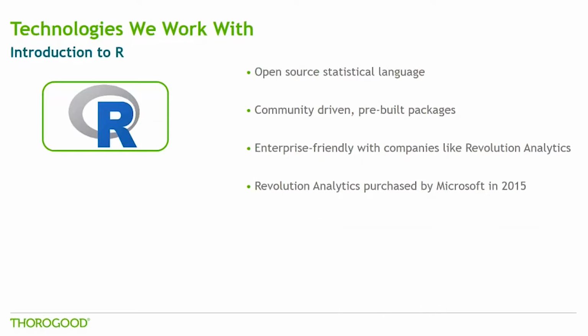So now a bit more about R, because it's obviously one of the tools that we're going to be covering today. So R is an open source statistical programming language that was developed in academia actually 25 years ago.